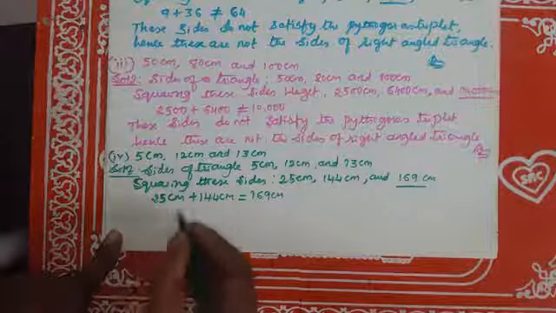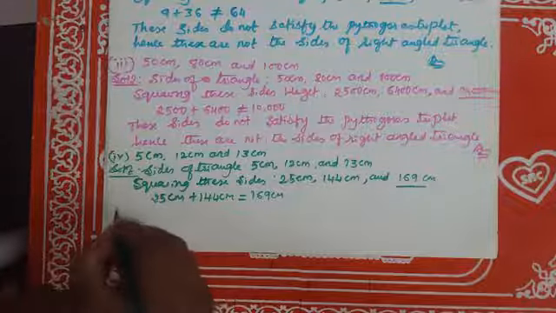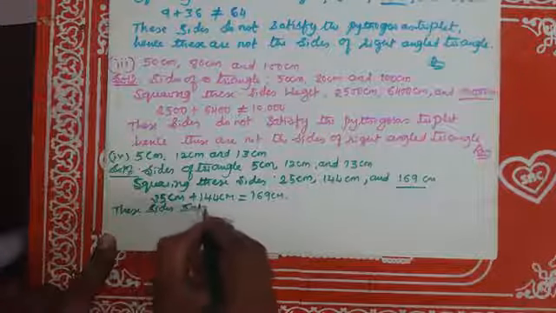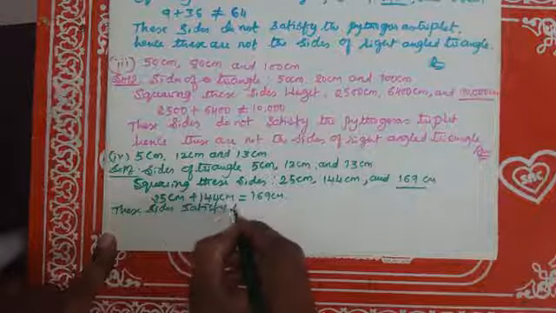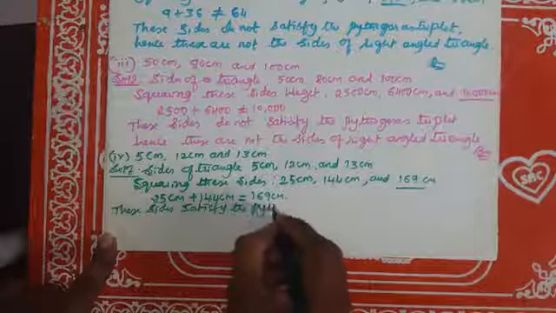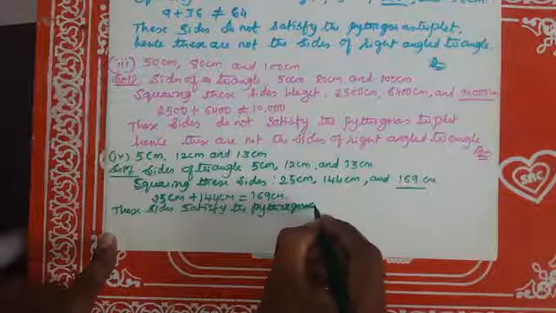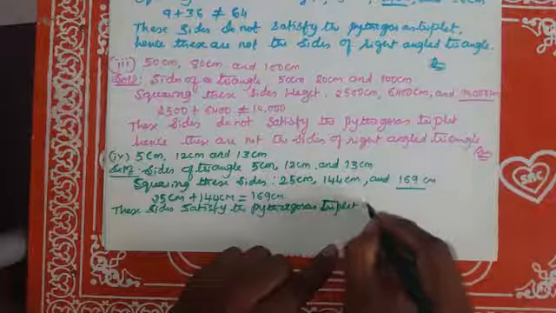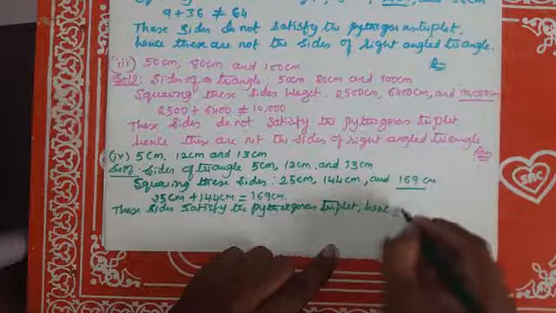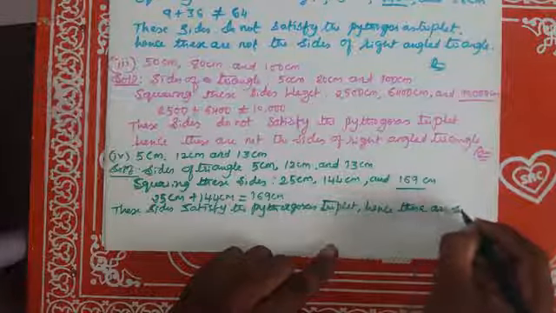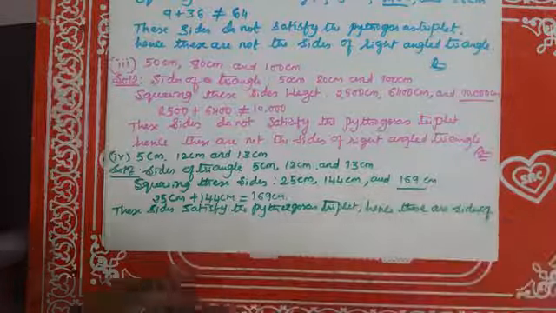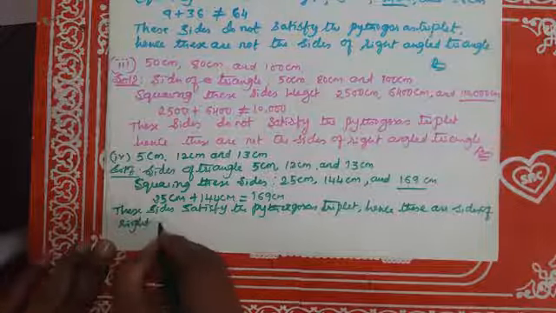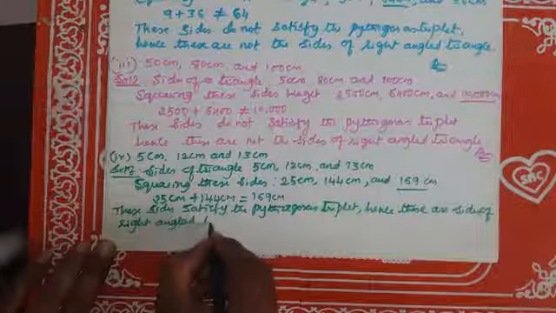Okay, these sides satisfy the Pythagoras triplet. Hence, these are sides of a right angled triangle.